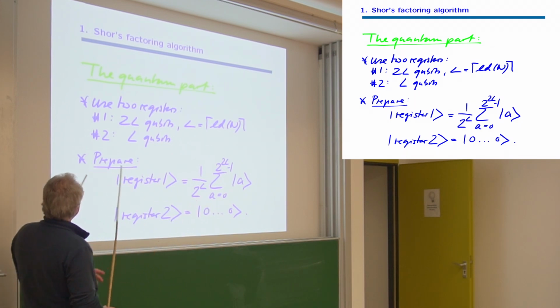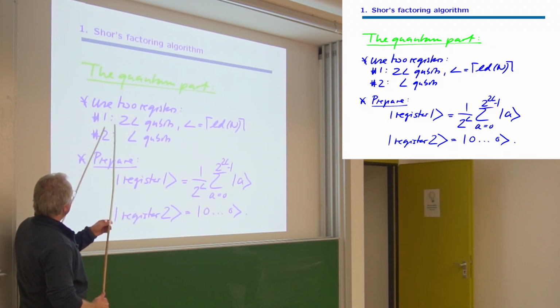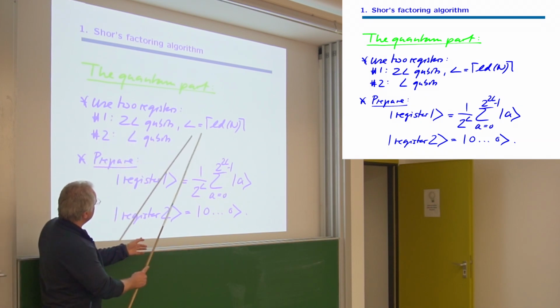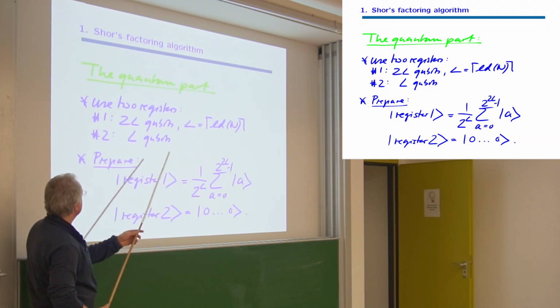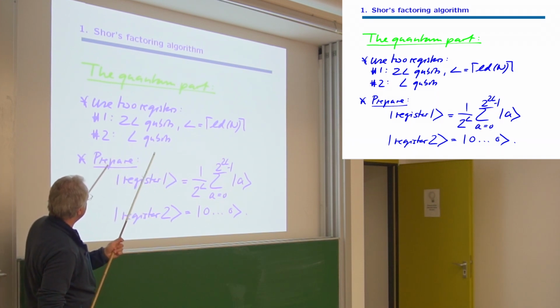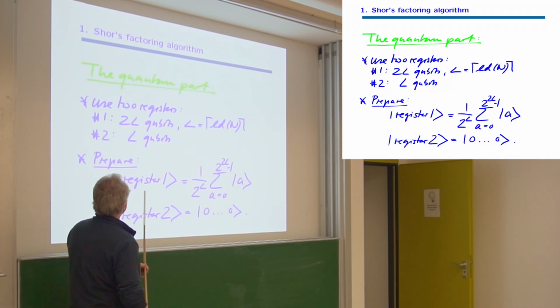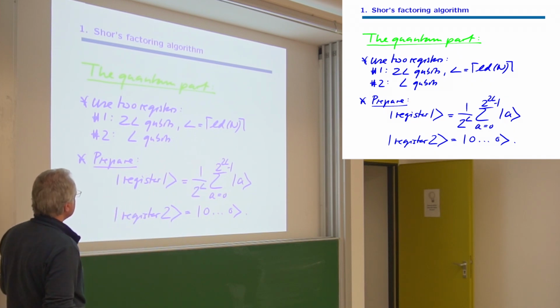And so we have one quantum register, the first. It has twice as many qubits as this length is. And then we have another quantum register that has exactly as many qubits as this length is. Okay, so that's what we are using.